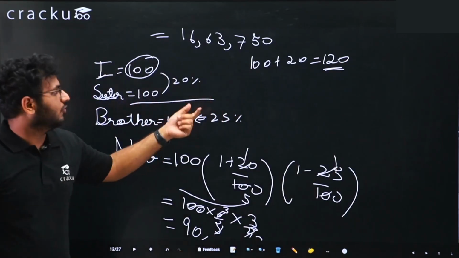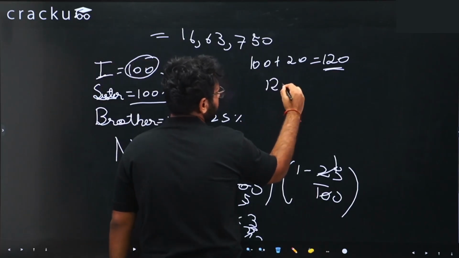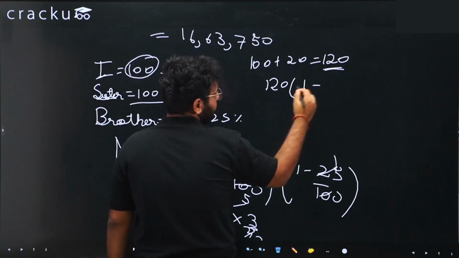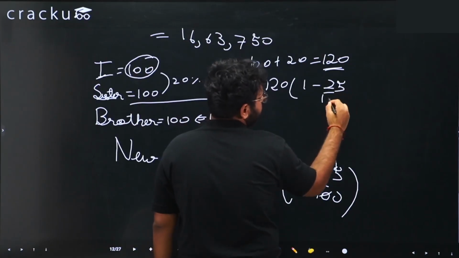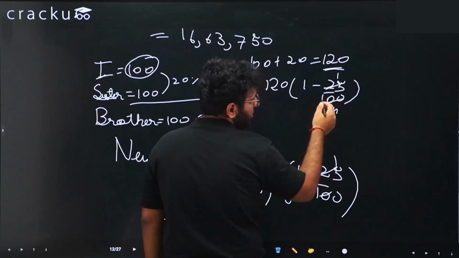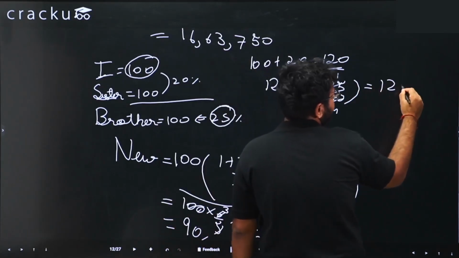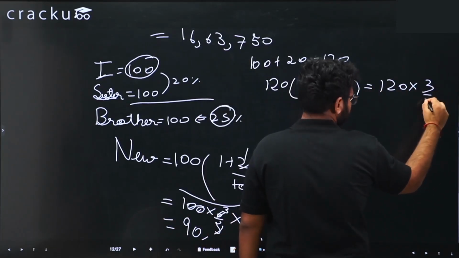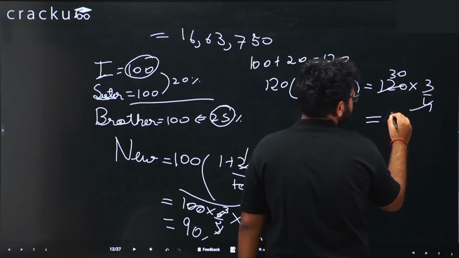Now my brother took what? 25% of this. So 120 into 1 minus 25 by 100, which is 3 by 4. This will be equal to 120 into 3 by 4. So 4 into 30 is 120, 30 into 3 is 90.